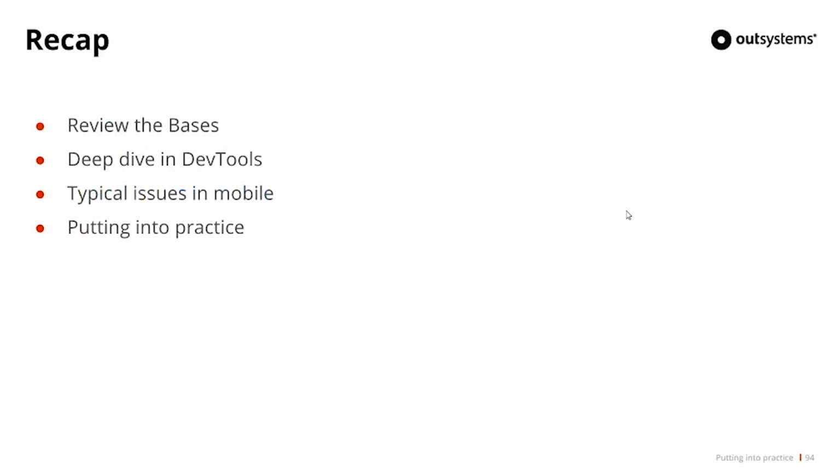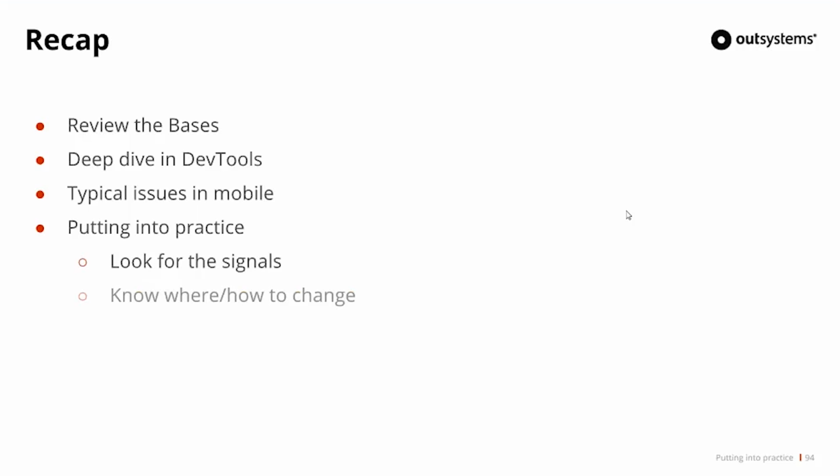After that, we saw the dev tools and how we can detect some things which we can apply to the typical issues in mobile. After that, we put it into practice, and we saw just 2 little applications, one in our browser and another in OutSystems Now, so we can start working and using those tools in those applications.